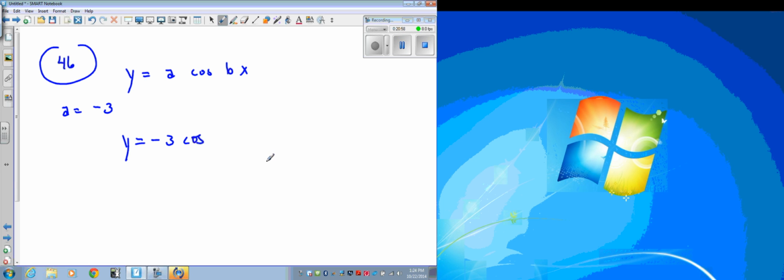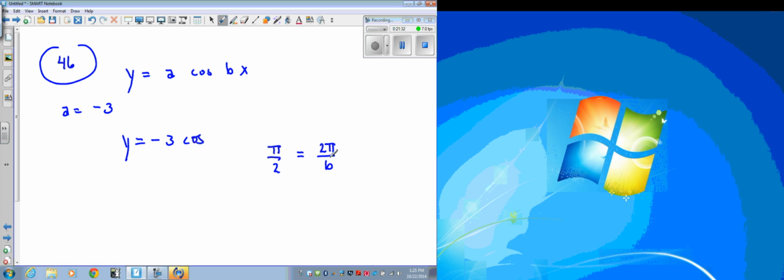Now, the B, how long is the period in that thing? Where's one cycle? Where does it go back down to a minus 3? Pi over 2. So the actual length of the period is pi over 2, but the formula for that is always 2 pi over b.